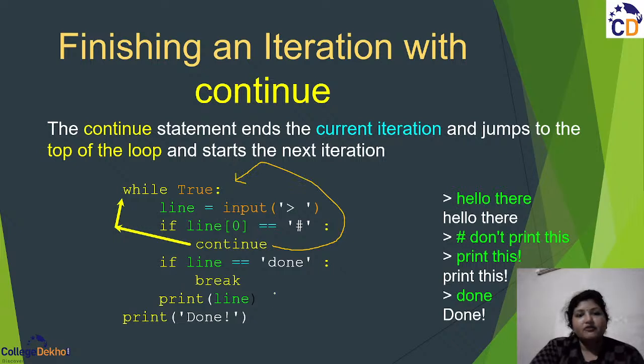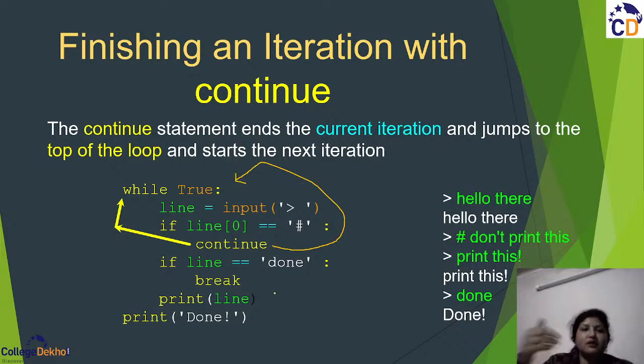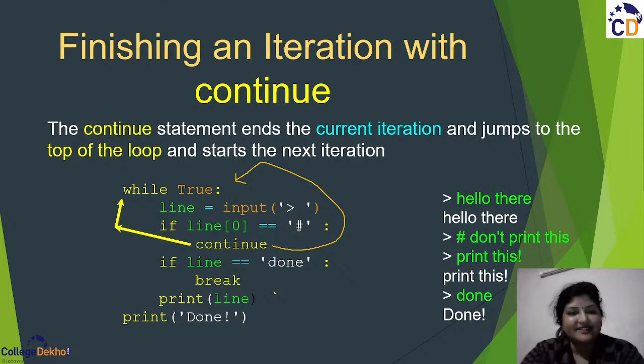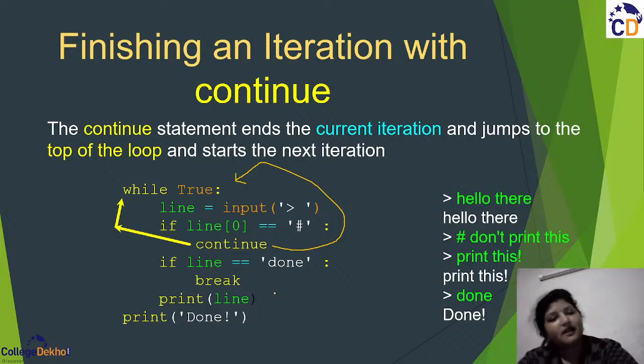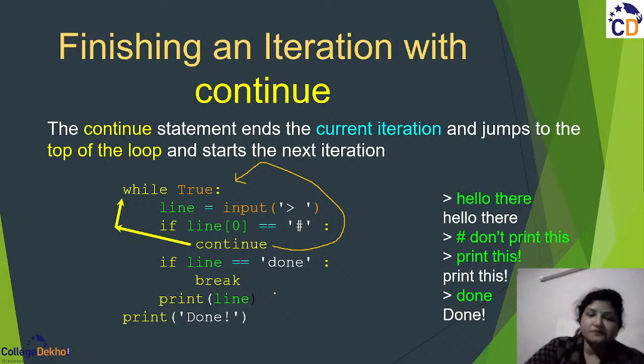No need to continue with the next part, right? It basically starts with the first part. Again it is jumping to the top of the condition, and again it is iterating the loop. So continue means we are disregarding that part and continuing with the condition, right?